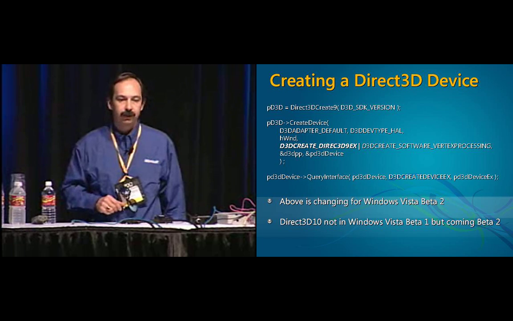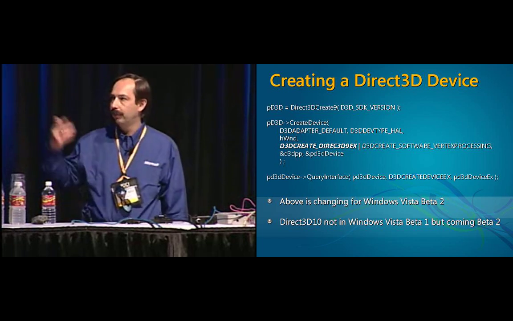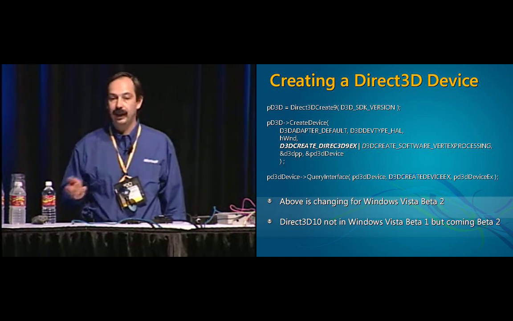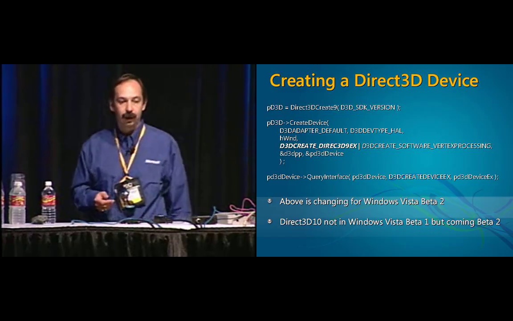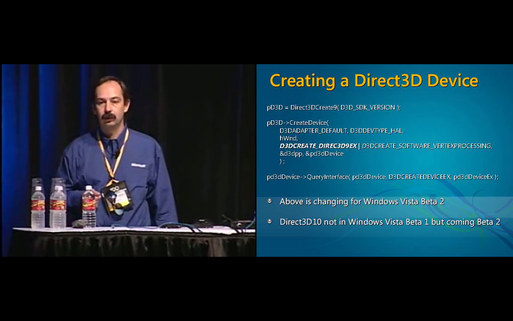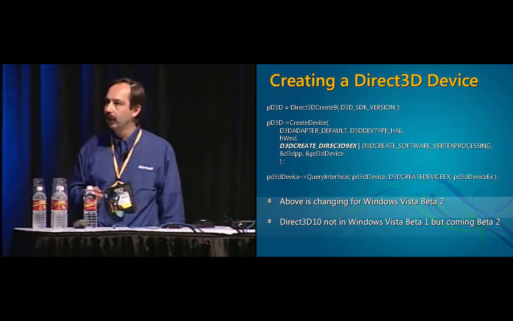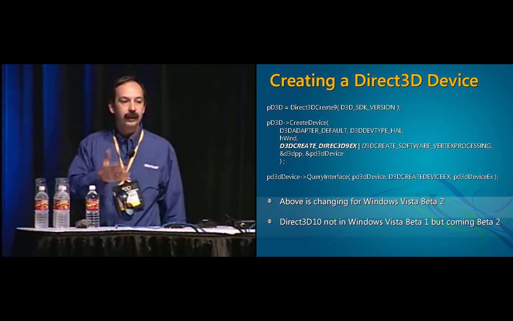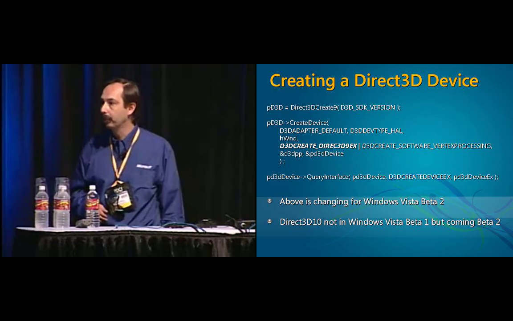On Windows XP, if you call this, or if you don't have a Windows Vista driver on the system, this call will fail, and then you can just create the older style device and not use the new features. If this call succeeds, then you know you've gotten a device that actually can use those new features.